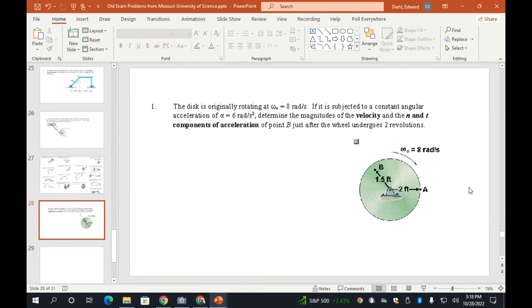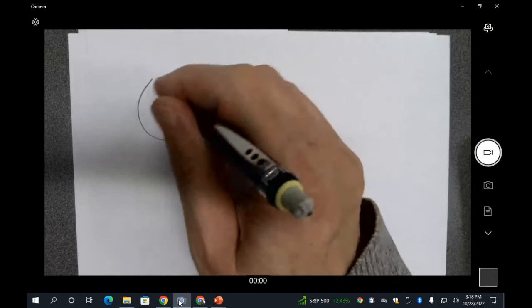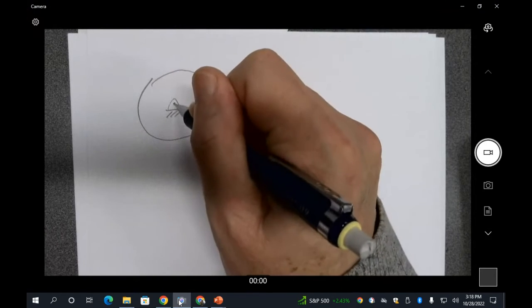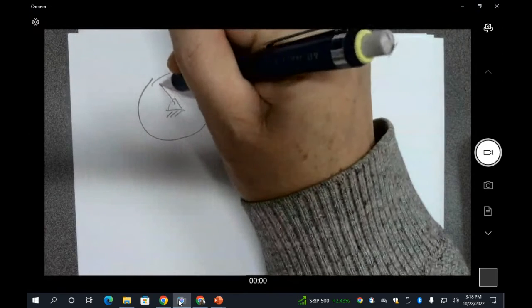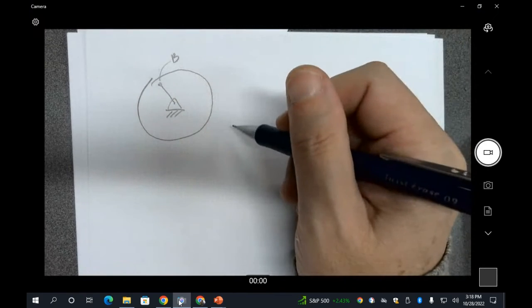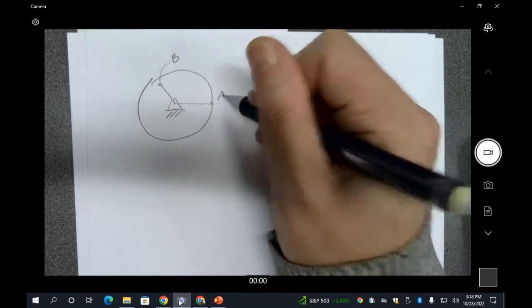Well, let me write down the problem. We'll see if I can read it. Very, very small. So we'll draw this thing in here. And we have this point B. And there's point A. I don't know why we have it at point A, but there is one.